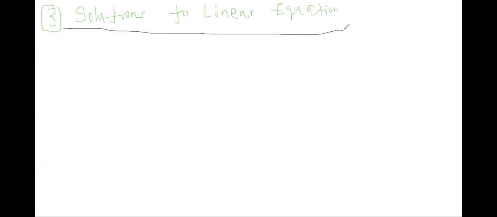So like we have this linear equation, for example, 2x minus 3y equals 7. So the question is, how do we solve this?